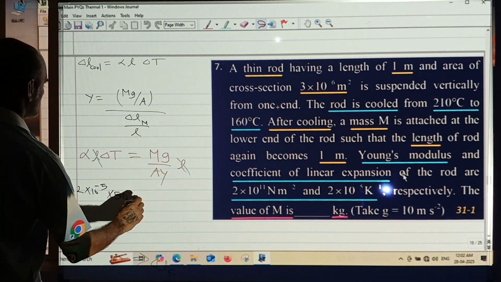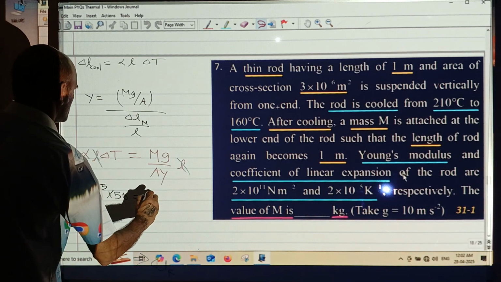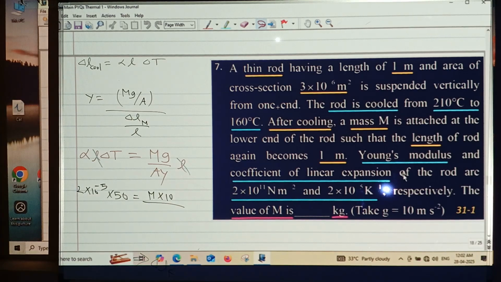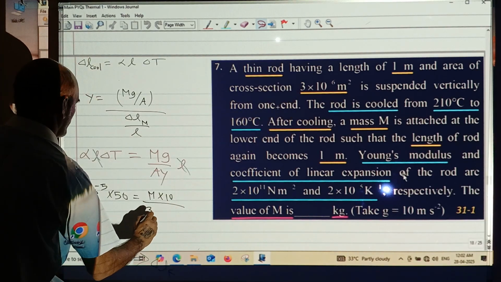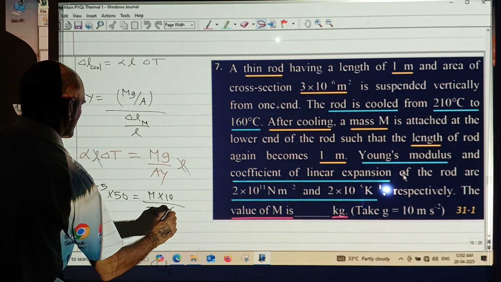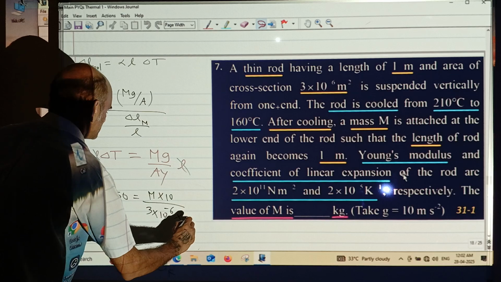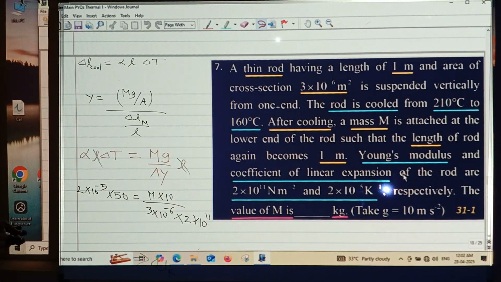That will be equal to the mass that we have to find out. G is 10. Area of cross section is 3 into 10 to the minus 6. And next one, Young's modulus of the material, is 2 into 10 to the 11. So this you have to simplify.